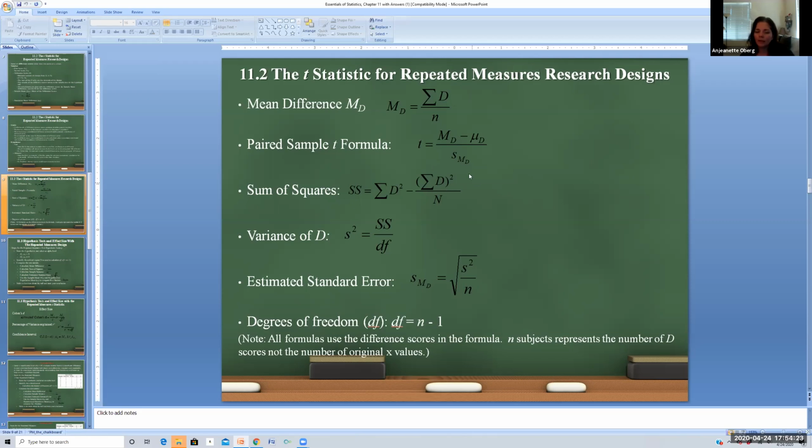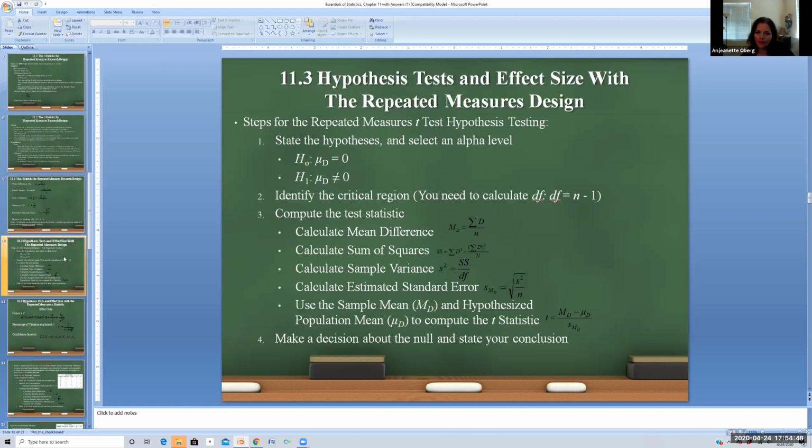So my formula for sum of squares becomes the sum of the squared difference scores for each participant minus the sum of the difference scores, squared, divided by n, okay? My degrees of freedom, because I'm still working with the same group of people, is just n-1. It's only one sample with two different groups of scores, but the participants are the same, okay?